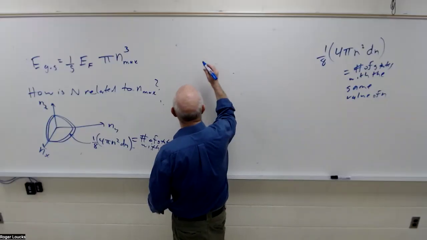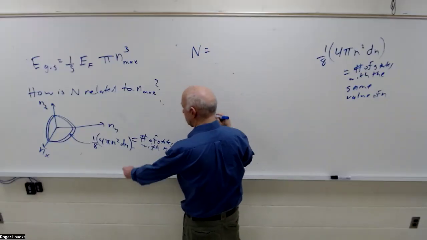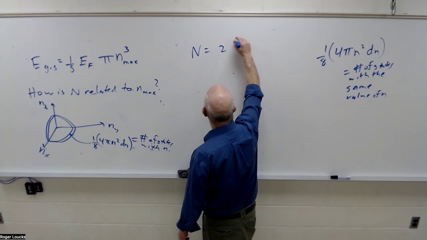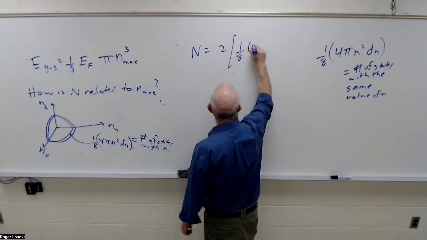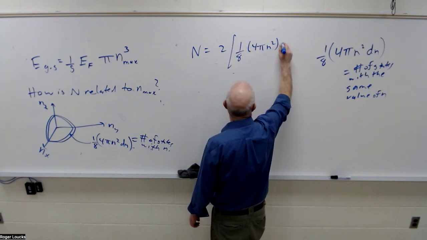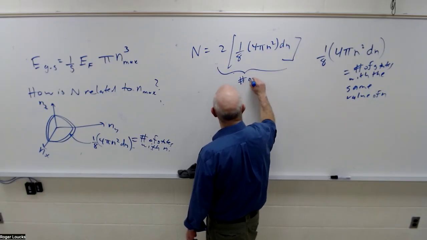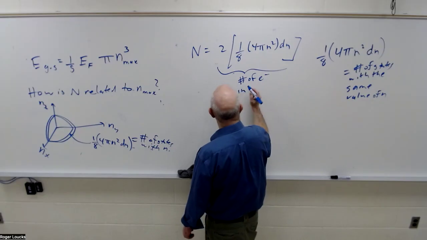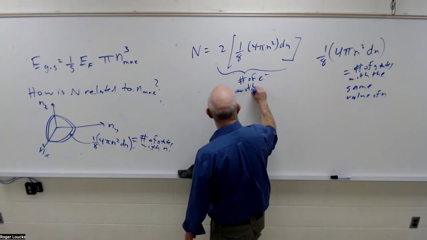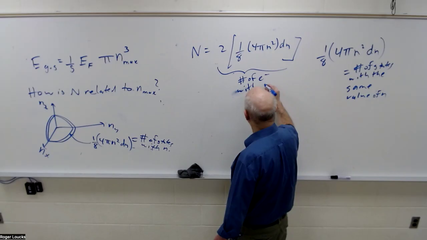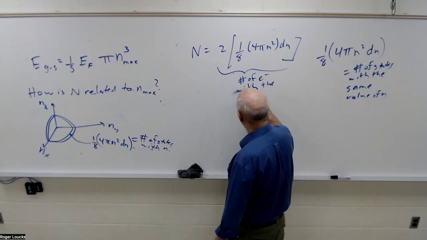So we're going to say that the number of electrons N is going to be twice this 1/8 of 4 pi n squared dn. This right here is the number of electrons with the value n.